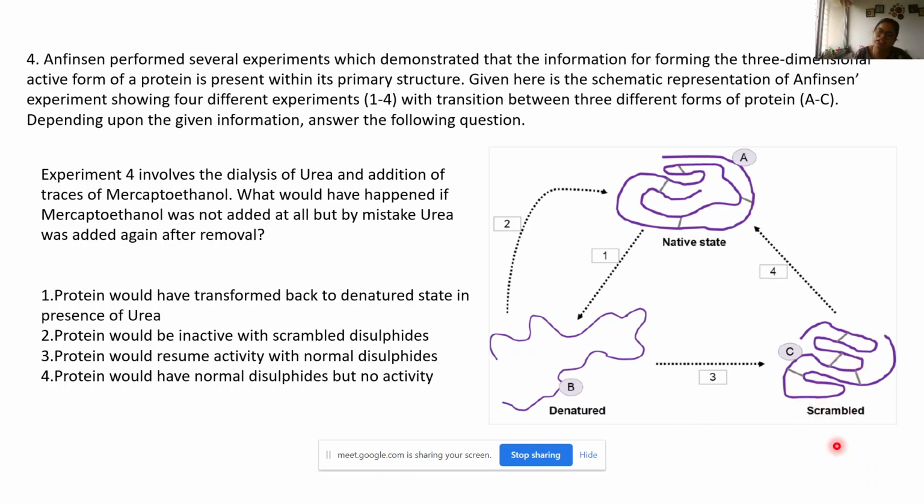So it will remain in this particular scramble state only. It will not go in a native state because urea is not removed, and it will not go into denatured state because mercaptoethanol is not there. There is nothing which can break the disulfide bond. Okay. So that's why option 2 is correct. Protein would be inactive with scrambled disulfide, which is it will be in the same state.